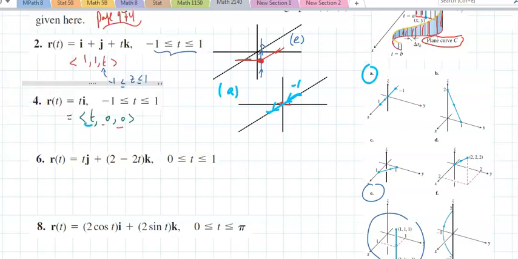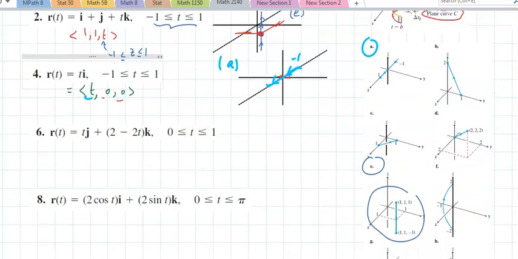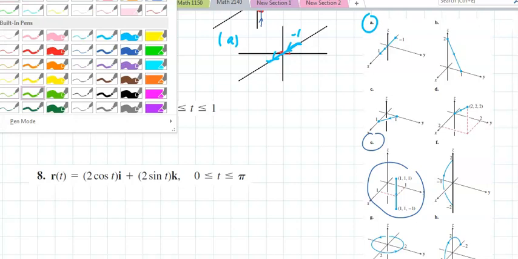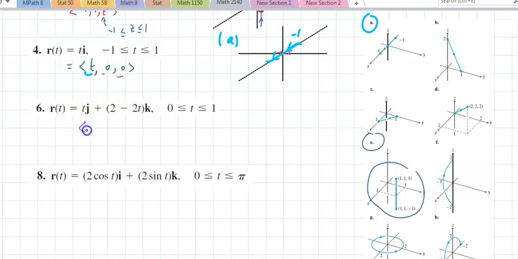And if I get to the next problem, I'll be looking at t and 2 minus 2t. Again, since t is linear, this is a piece of a line. At t equals 0, I would be at 0, 2.